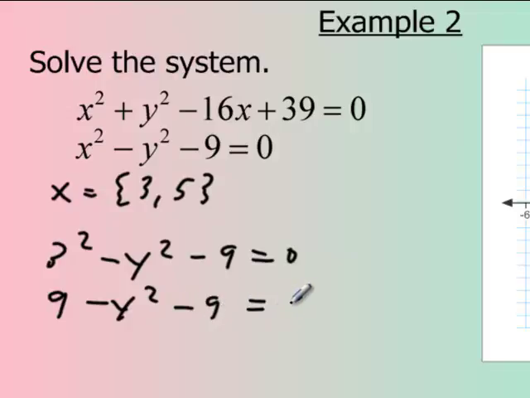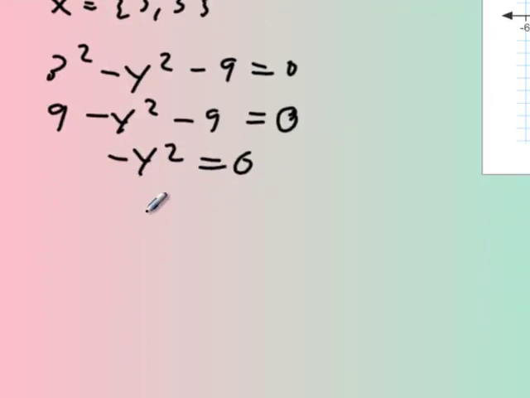The 9's cancel, leaving me with negative y squared equals 0. If we divide both sides by negative 1, we're left with positive y squared equals 0. But it doesn't really matter because y has to equal 0 here regardless. So we know the first ordered pair is 3, 0.